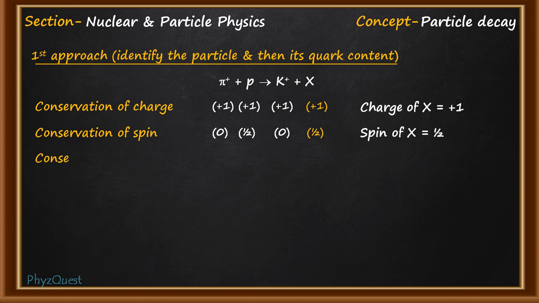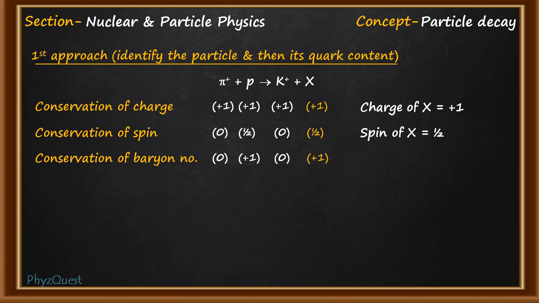Third is conservation of baryon number. Pion has baryon number 0. Proton is a baryon, so it has baryon number +1. Kaon has baryon number 0. So to conserve baryon number, X should also have baryon number +1.